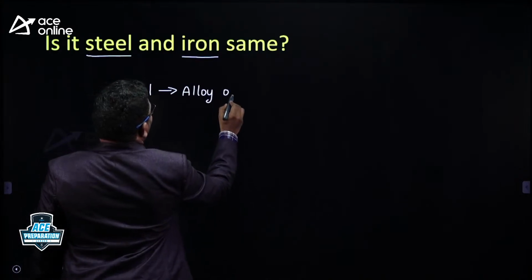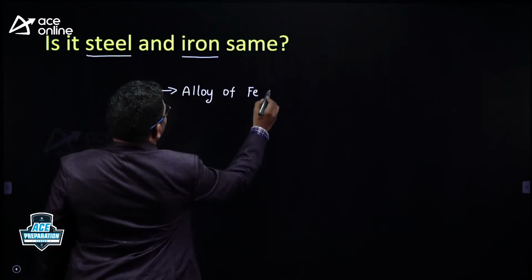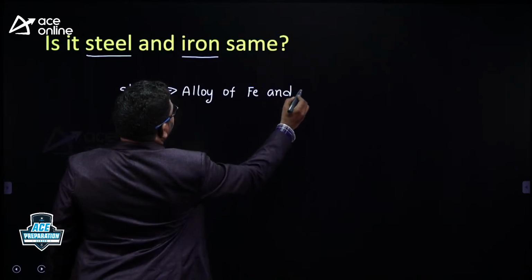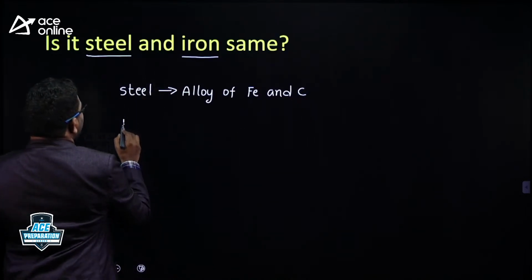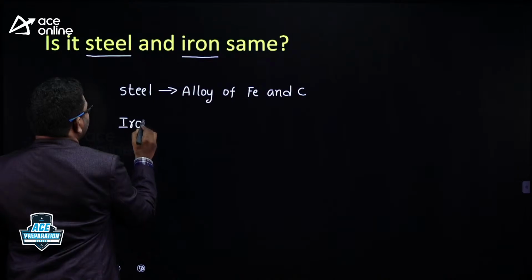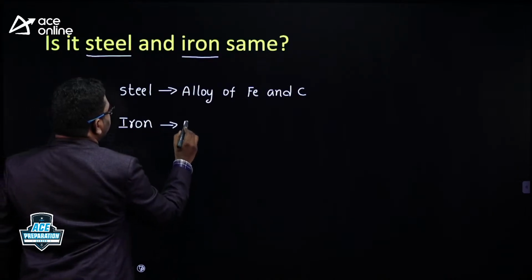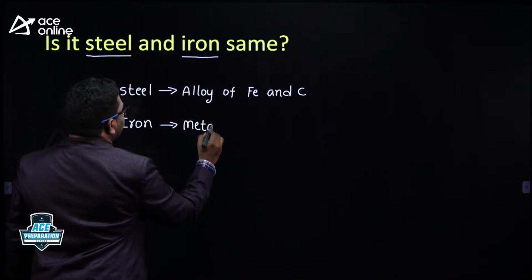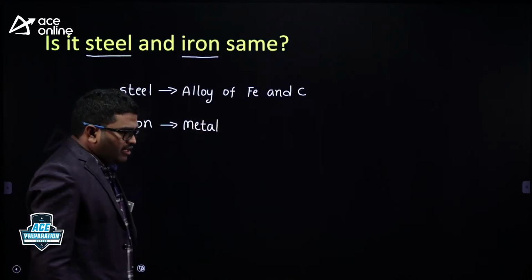Steel is an alloy of iron and carbon. But iron is a metal, or an element, we can say.